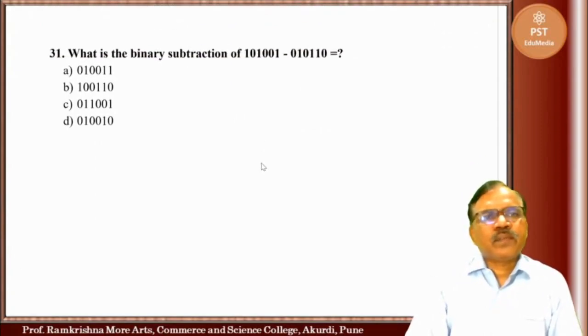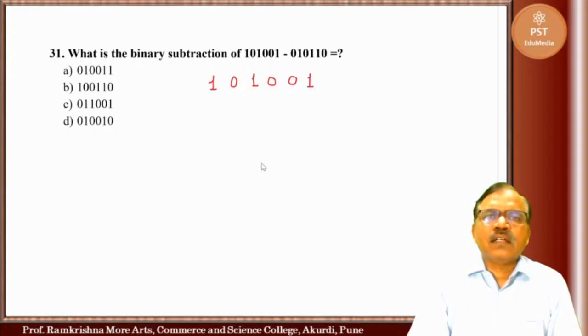Now here, what is the binary subtraction of 101001 minus 010110? So here 101001, and here we have 010110.